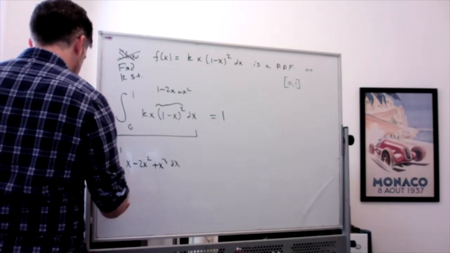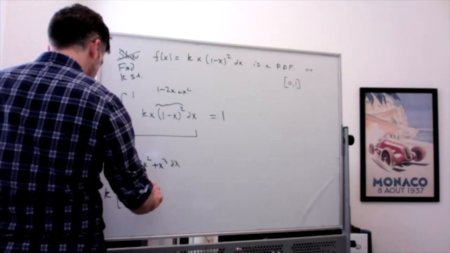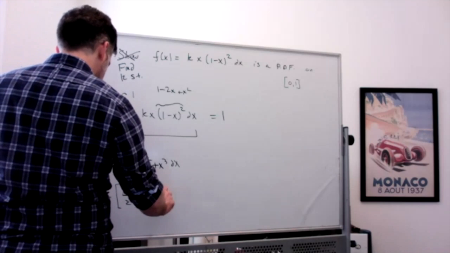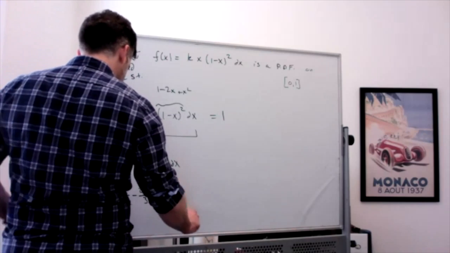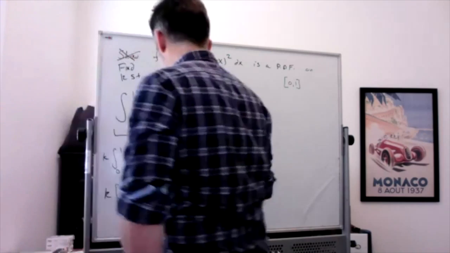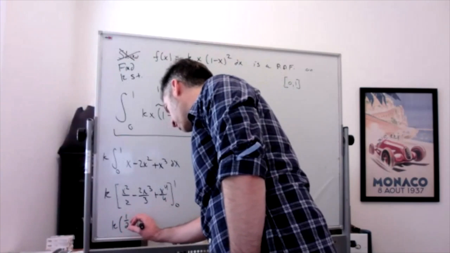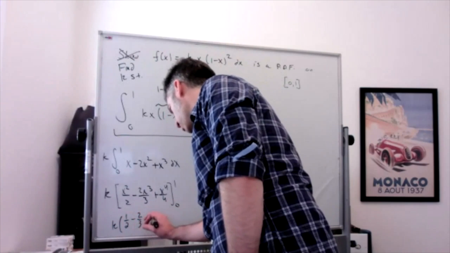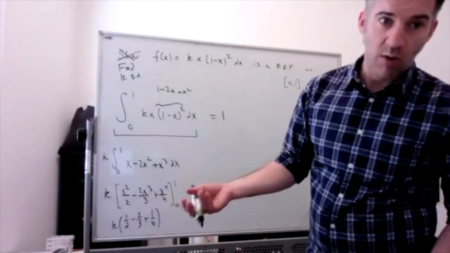You do it that way, you get k times x squared over 2 minus 2x cubed over 3 plus x to the 4th over 4, from 0 to 1. And plug that in, you get k times 1/2 minus 2/3 plus 1/4 minus 0.